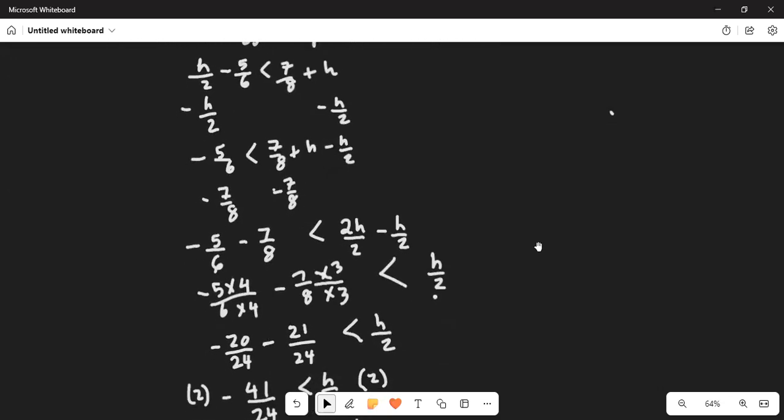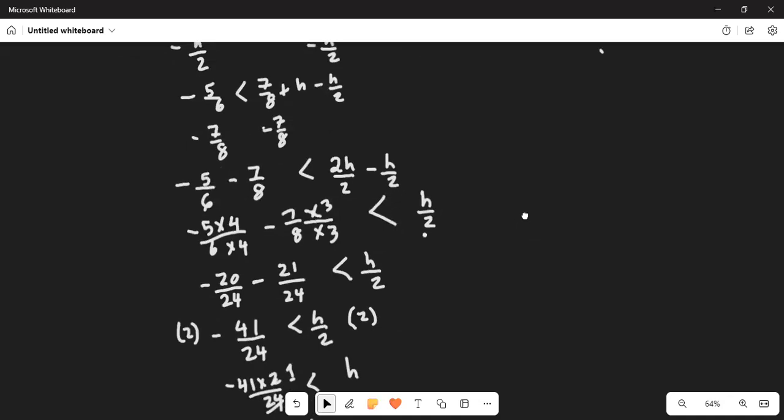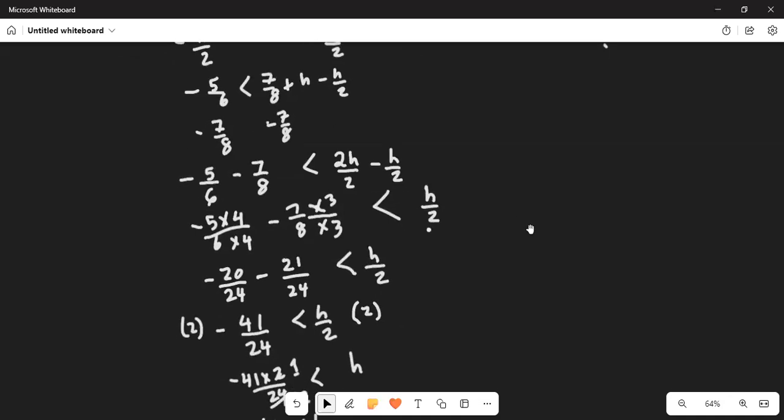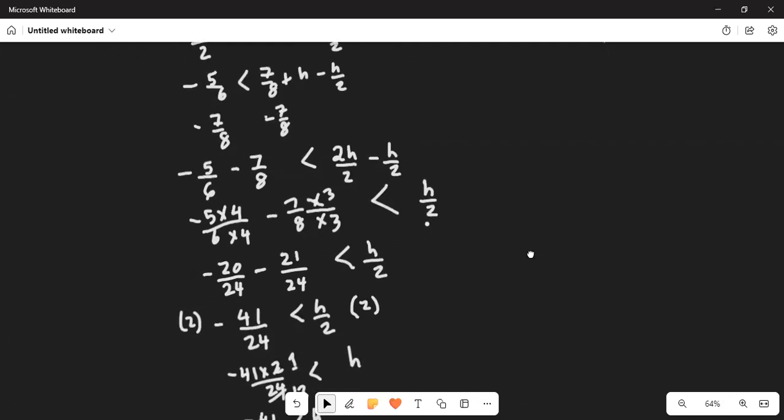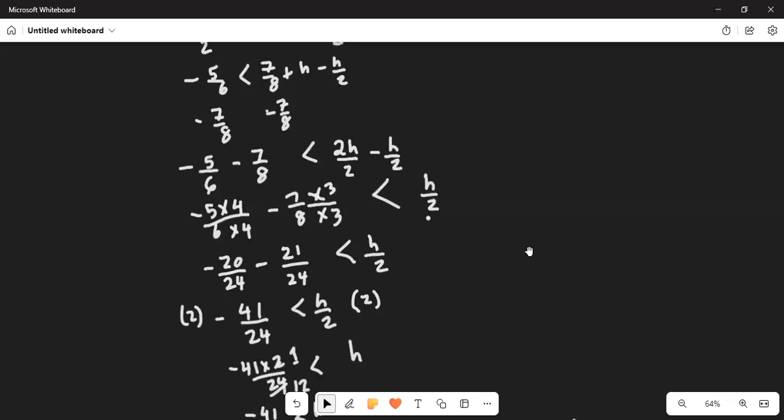And the second term becomes 7 times 3 divided by 8 times 3, or 21 over 24. Notice we have minus 20 over 24, minus 21 over 24. Both of them are negative and have the same common denominator of 24, so we can add the numerators. Because both are negative, we keep the negative sign: minus 41 over 24.